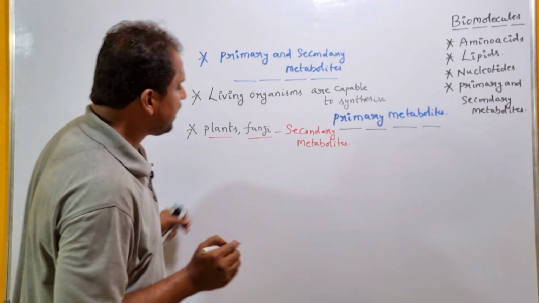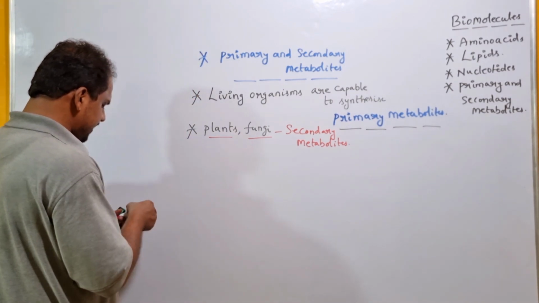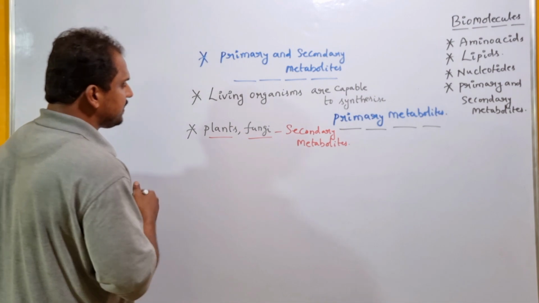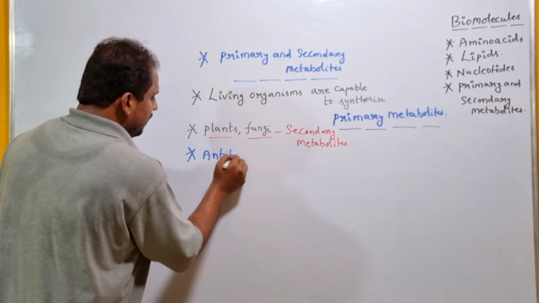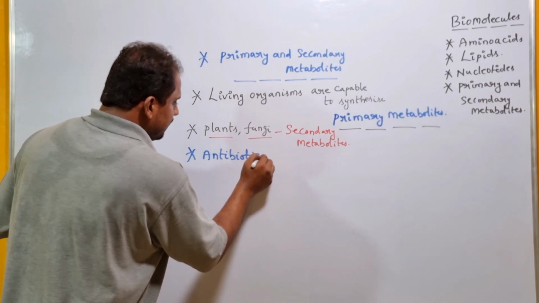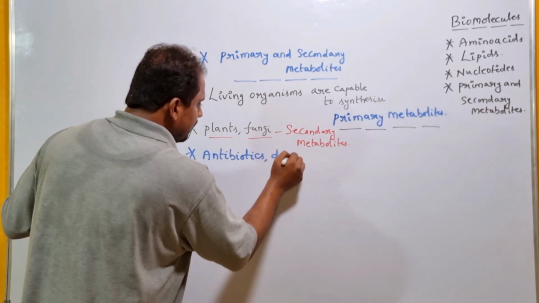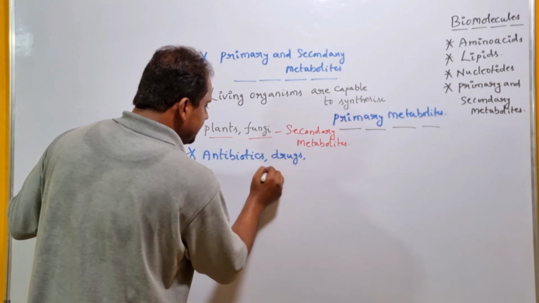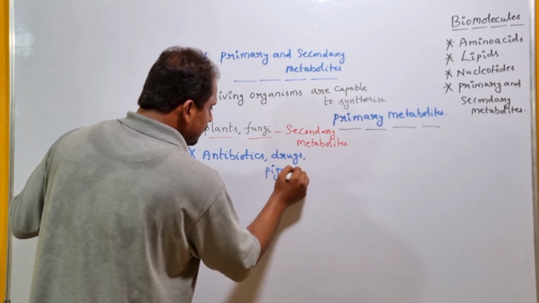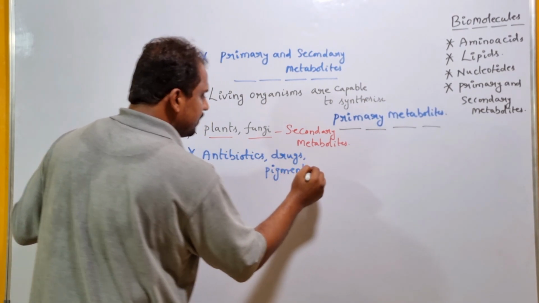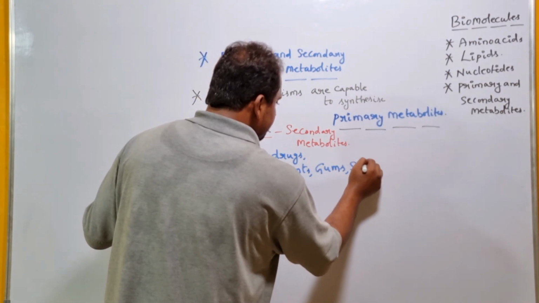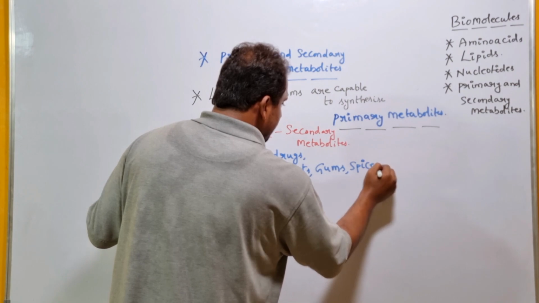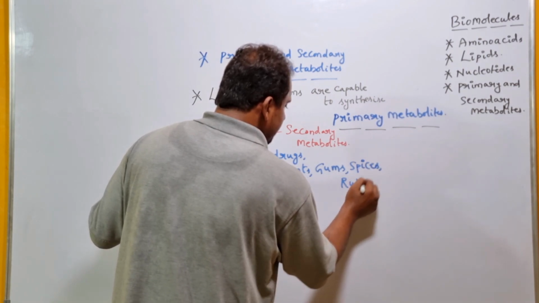Is it clear? So what are the various secondary metabolites here? The various secondary metabolites include antibiotics, drugs, pigments, gums, spices and even rubber.